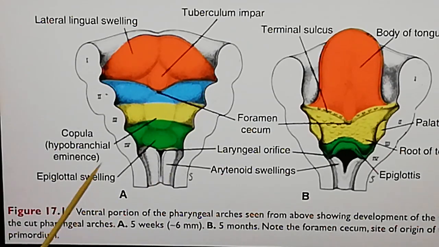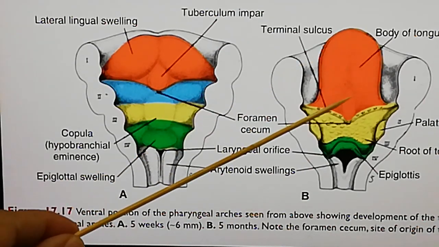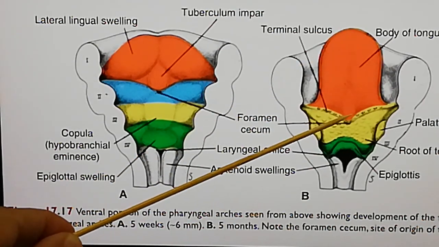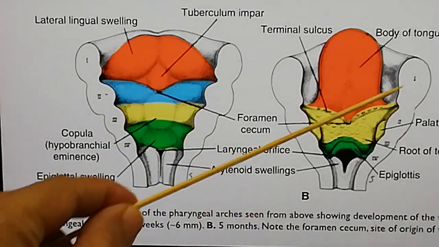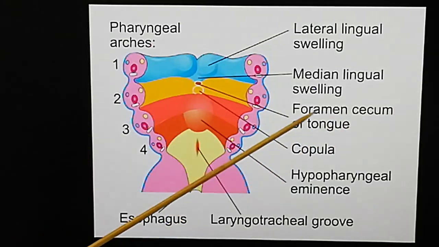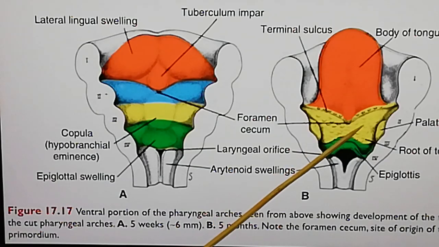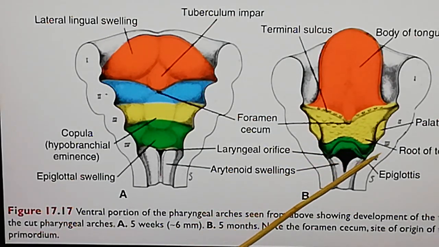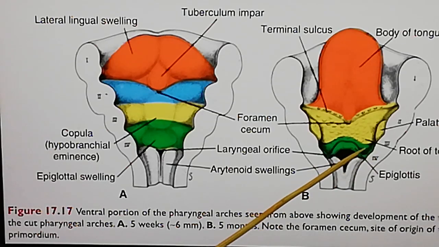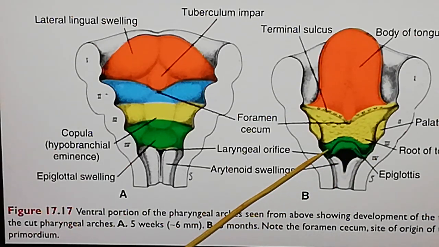Right. Now you can well observe that the anterior two-thirds of the tongue is formed by the first pharyngeal arch and the posterior one-third is being formed by the contribution of second, third and part of fourth, and the most posterior part is formed by the fourth pharyngeal arch.